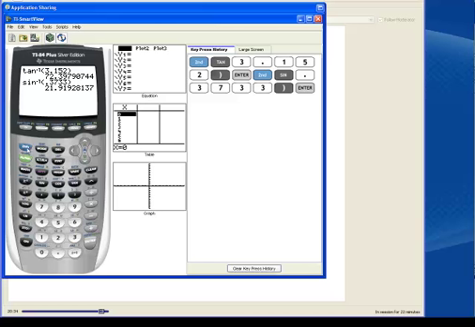The next one was inverse cosine of 1 divided by 1.0768. My estimate was 20 degrees, and we get 21.77 degrees.